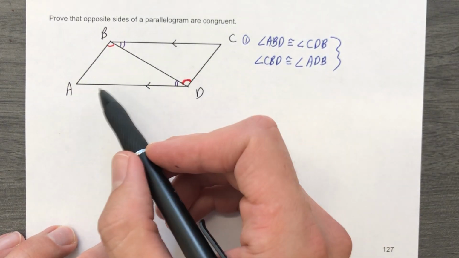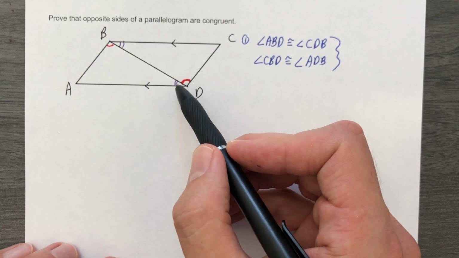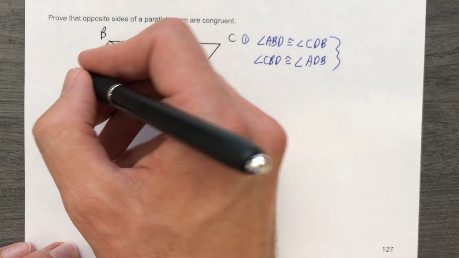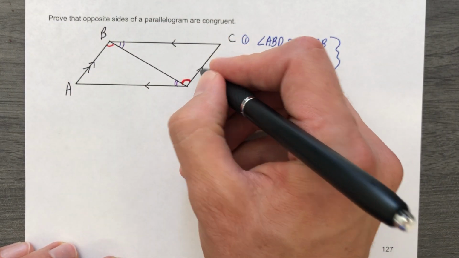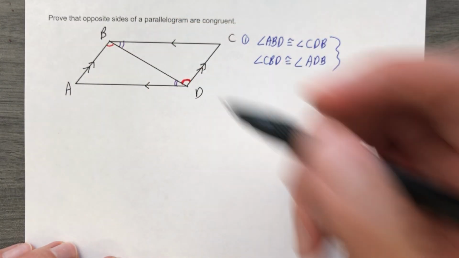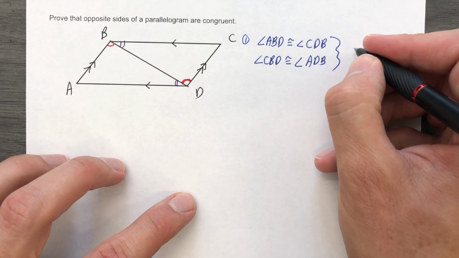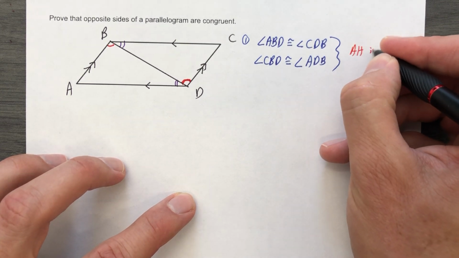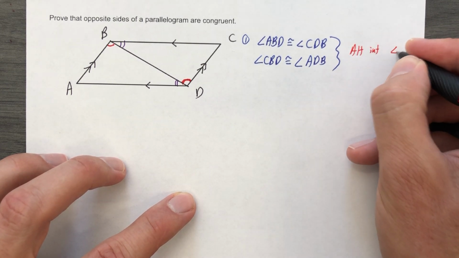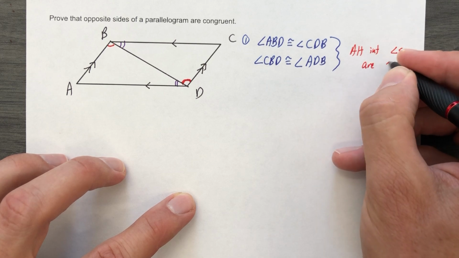And because these parallel lines are cut by a transversal, alternate interior angles are congruent, and we can do the same thing over here. And these red ones are alternate interior. So we know this is true because I'm going to put my reasons in red: alternate interior angles are congruent.